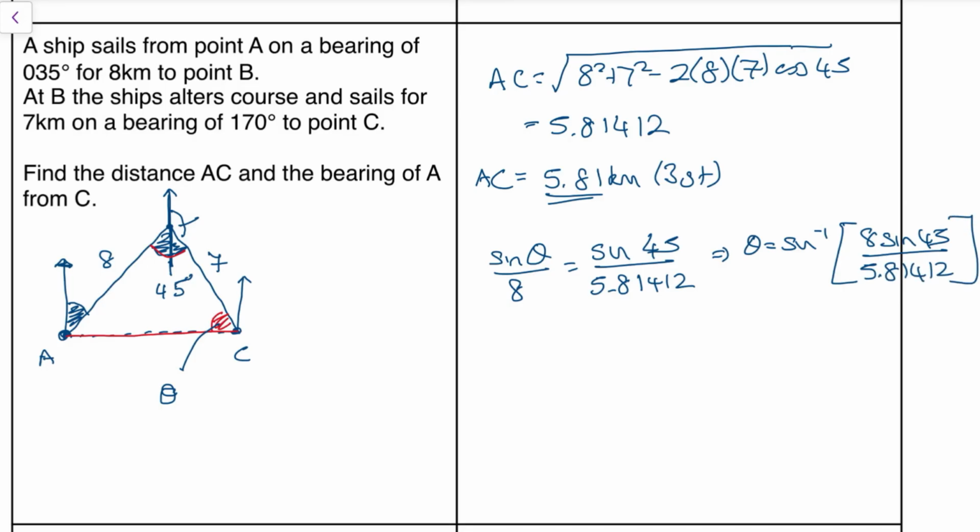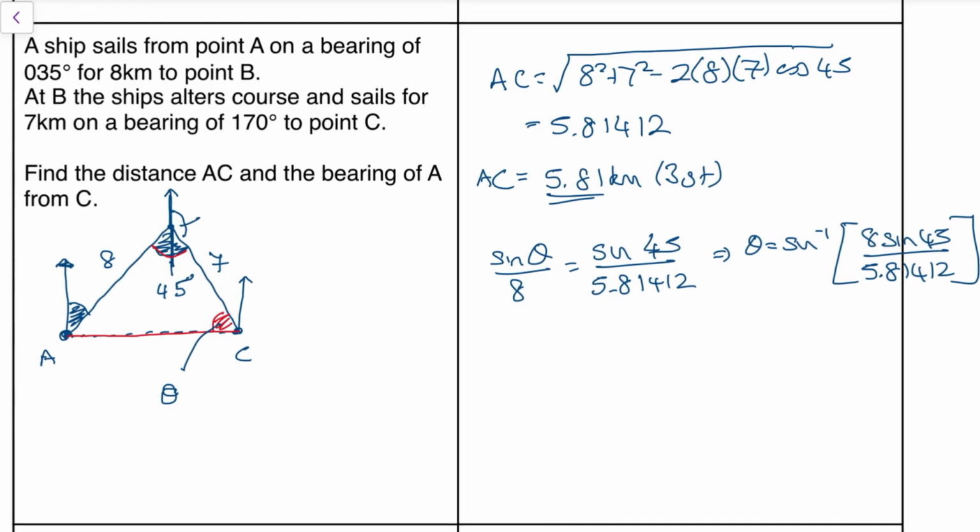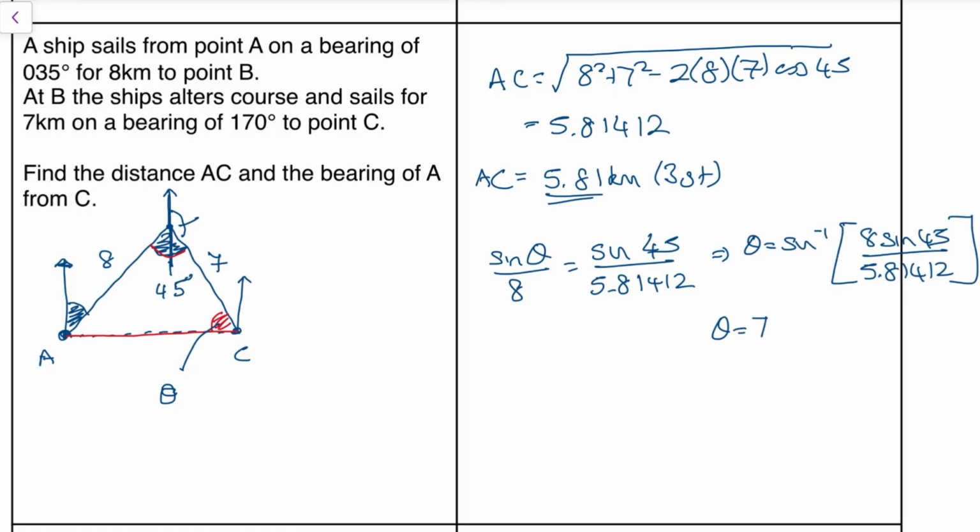Calculating that again, that's 8 sine 45 divided by 5.8142, and that gives me 76.64006. So I'm just going to call that 76 degrees. So therefore theta equals 76.6 degrees.